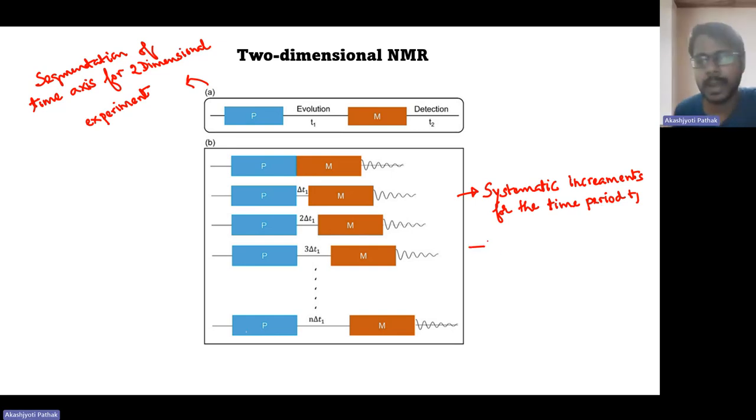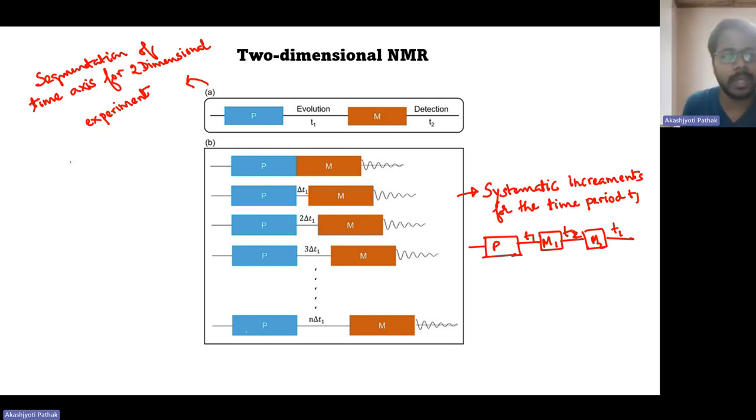What is basically happening is that in this preparation time, you are giving different 90-degree pulses to the XY magnetization, and then T1, then the mixing period, then T2, then 2 del T1, and again M, then another T1. So that is what is shown here. Del T1, then mixing period, and then you detect the signal, and then 2 del T1, mixing period, and then you detect. So there are increments for the time period T1.